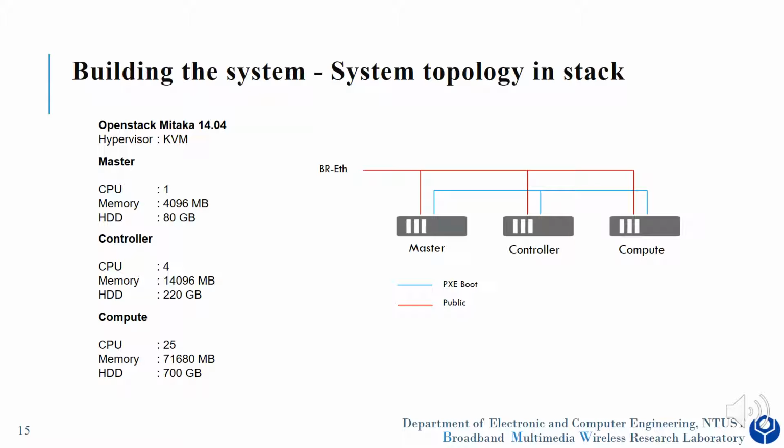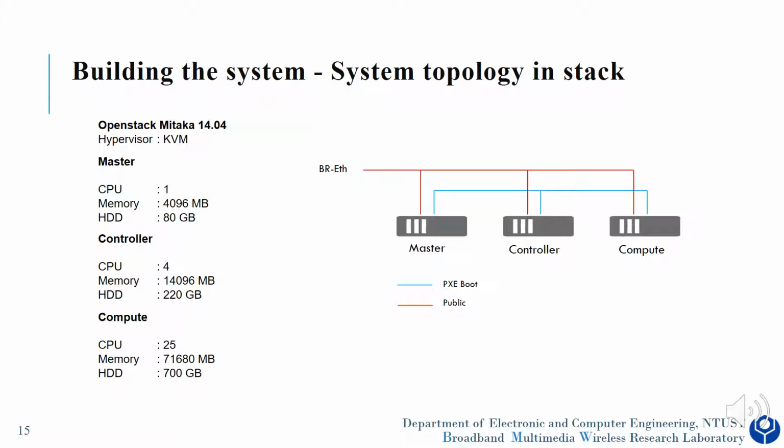For the network, each of the nodes connects to the bridge Ethernet interface. The three nodes use OpenStack Mitaka version on 14.04. For the hypervisor in compute, we use KVM, which is also open source and part of OpenStack.